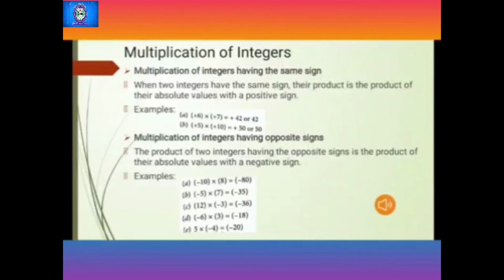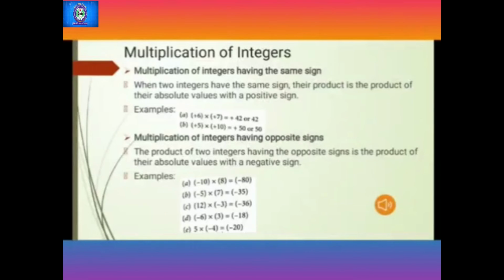Now, come to the next point, multiplication of integers having opposite signs. The product of two integers having opposite signs is the product of their absolute values with a negative sign. As you can see in the example, when you multiply a negative integer with a positive integer, the answer is a negative integer.